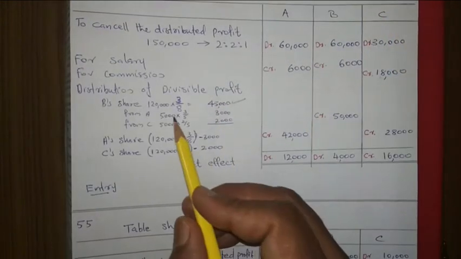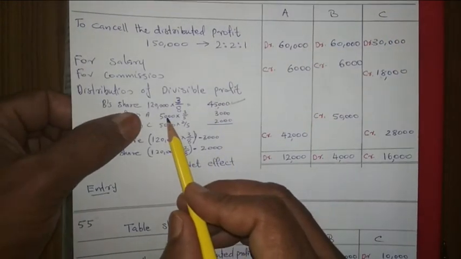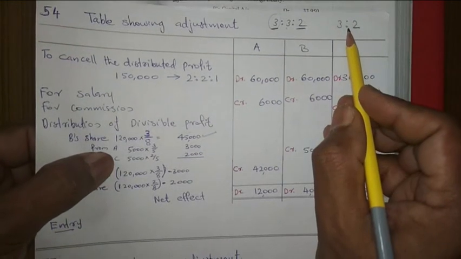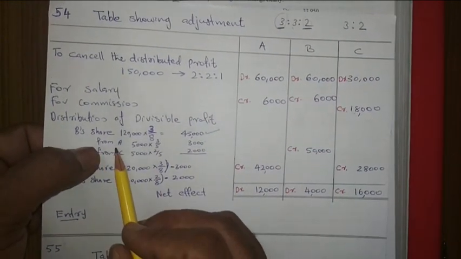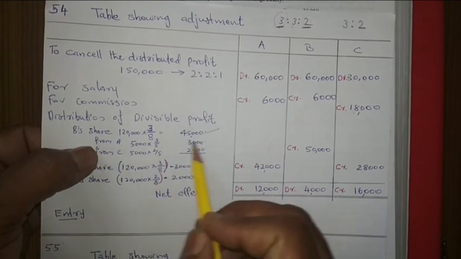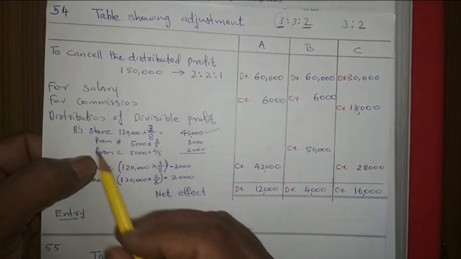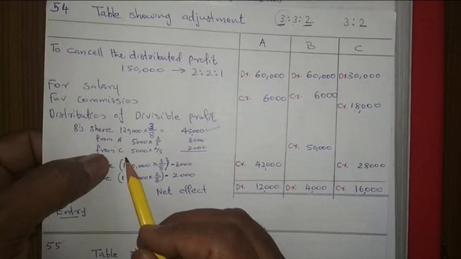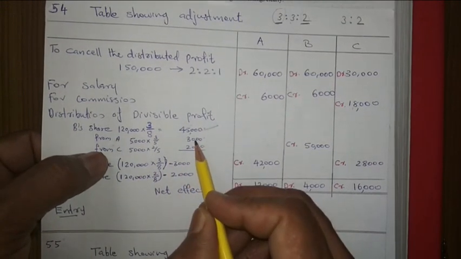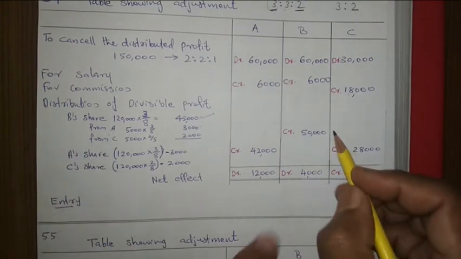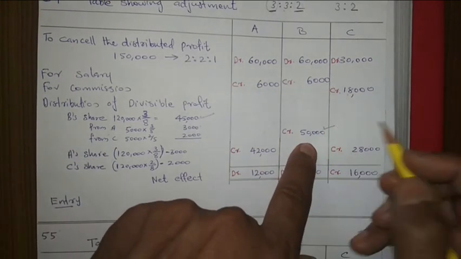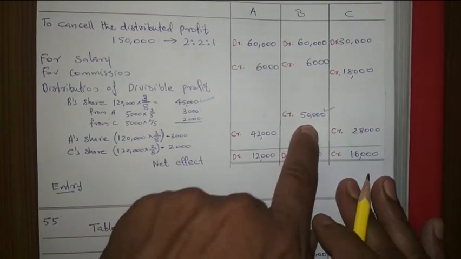So the deficit amount is 5,000. So 5,000 in this ratio, it is coming 3,000, that I have written from A. B should get 3,000 from A and B should get 2,000 from C. Then only 45 plus 3 plus 2, he is getting this 50,000. So that 50,000 is written here. Okay, I hope you understood how the 50 is coming.